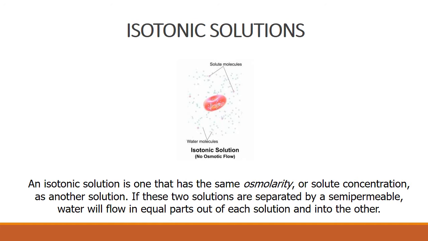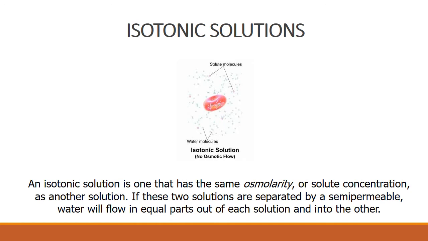You have there the solute molecules and the water molecules. Remember that there is no osmotic flow. So if a cell is placed in an isotonic solution, there will be no net flow of water into or out of the cell, and the cell's volume will remain stable.